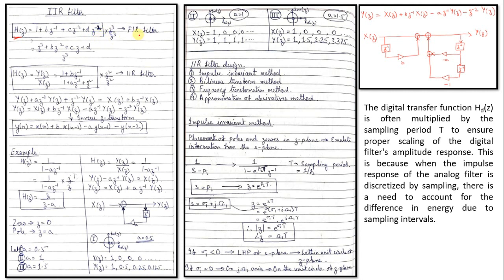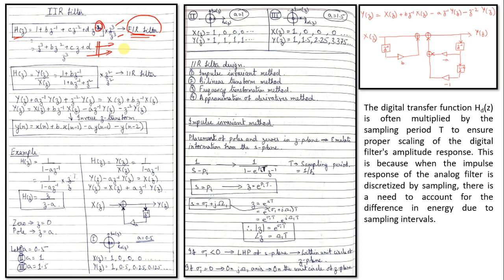If we multiply both the numerator and denominator with z cube, which is the highest power of z inverse, we get this equation, and from here we see that all the poles are at the center, and from the numerator if we solve it we will get the placement of the zeros. So the transfer function of an FIR filter was quite simplistic in nature.